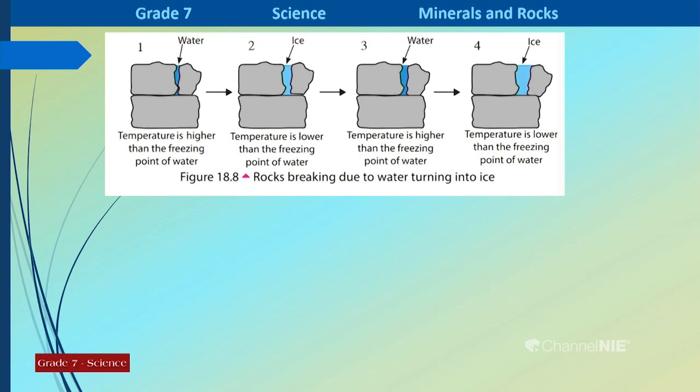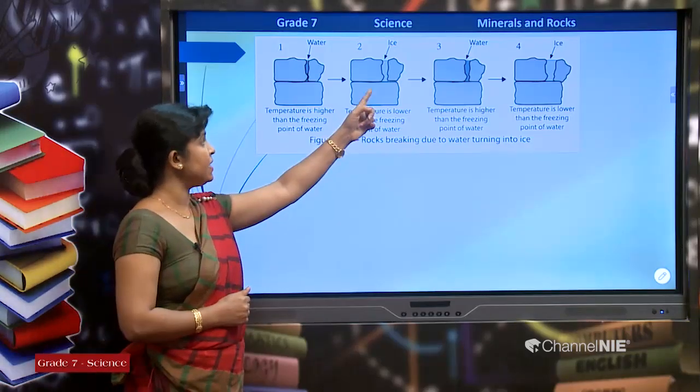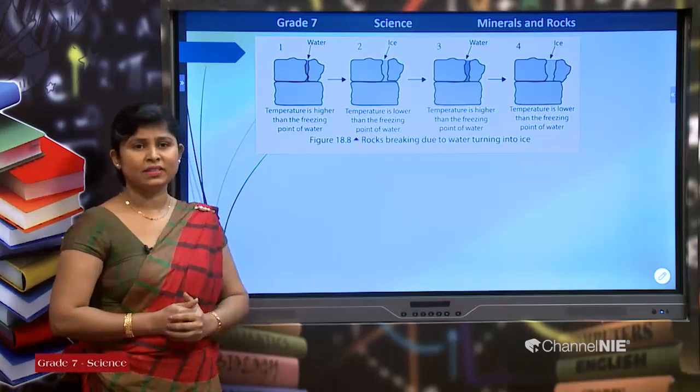When the temperature is lower than the freezing point of water, the water inside the cavity turns into ice. We have learned that when the water turns into ice, the volume increases. Then see what has happened to the cavity. The cavity has enlarged. Once again the temperature is higher than the freezing point, then ice melts and turns to water.